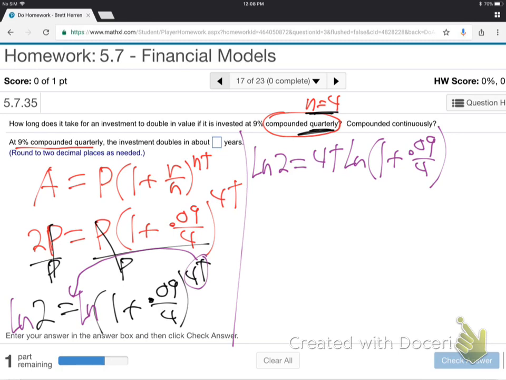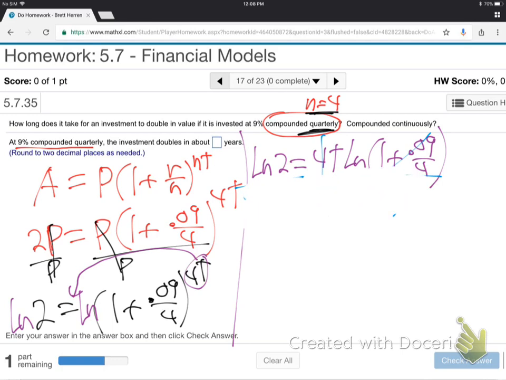And now we can just divide by all that stuff. We can just divide by the 4 and the ln of 1 plus 0.09 over 4. Just get rid of them all at once, both sides. Whoops, I'm probably running out of room here, aren't I? Just using up my screen today.